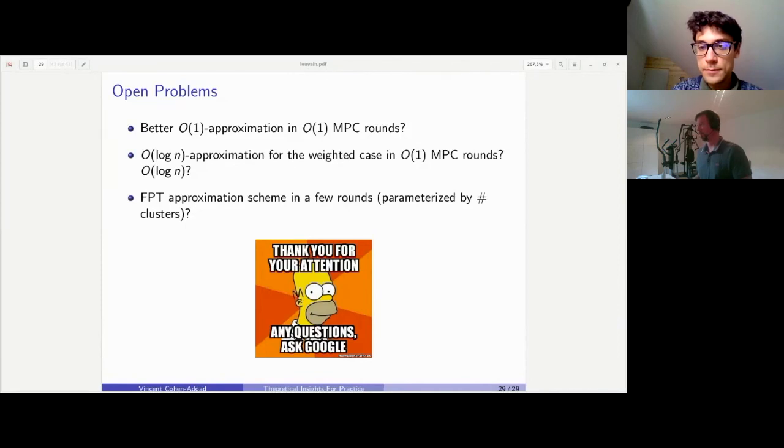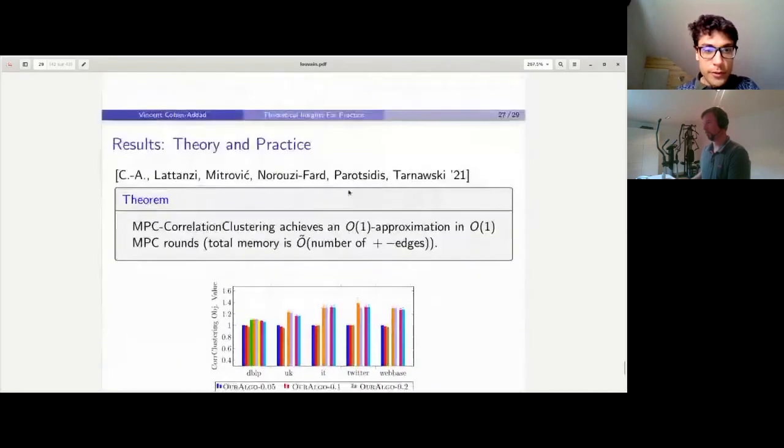So maybe let me just say what the question is. The question is, what were the different parameters next to the pivot algorithm? Right, good question. The pivot algorithm has no parameter. So let me show the curve again.